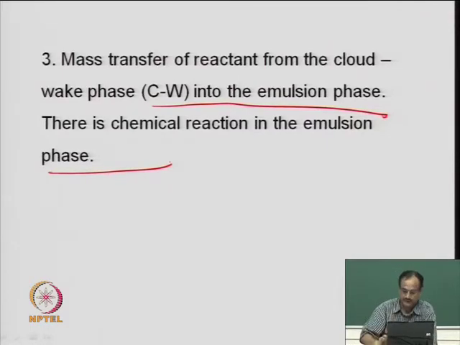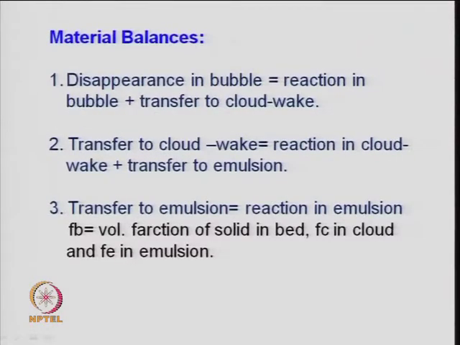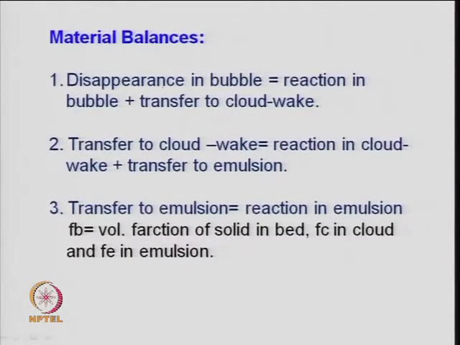So, all these steps can be written mathematically in terms of material balance, which has been discussed and should be clear now. Whatever the disappearance in the bubble phase, whatever the gas which is present in the bubble phase, that has gone to the cloud and wake phase, and that has partly reacted.